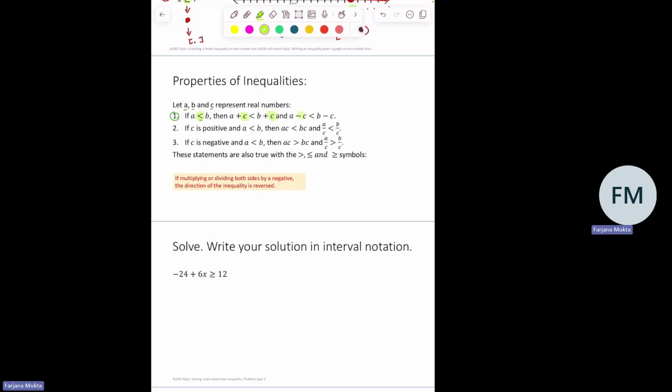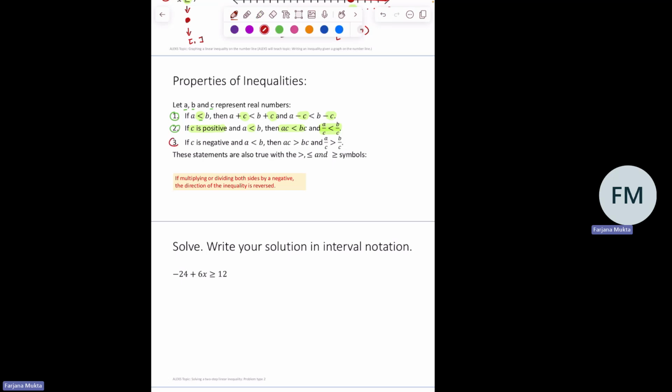The same for subtracting c from both sides. Number 2, if c is positive, and we have an inequality a less than b, then if we multiply both sides of the inequality by c, or divide both sides by c, nothing happens to the inequality symbol.